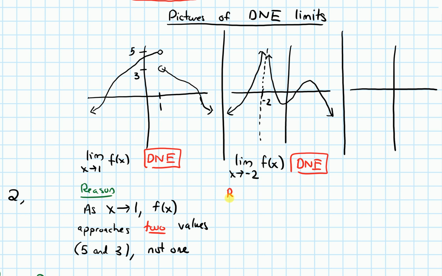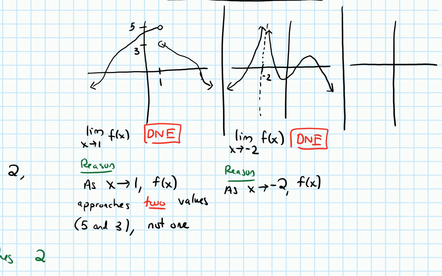Oh, let's put this in green again. So the reason is, as x approaches -2, f of x, so our y values, we've got to think about what they're approaching. F of x, in this case, does not approach a finite number.